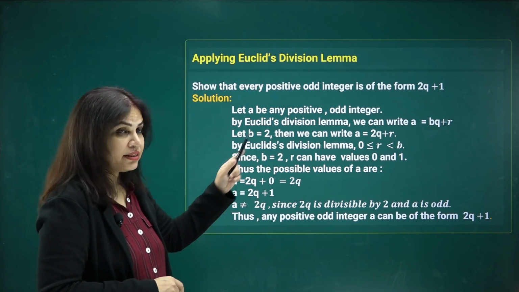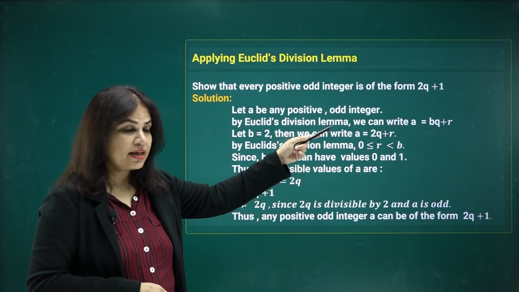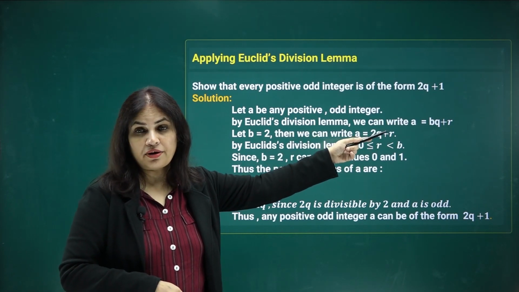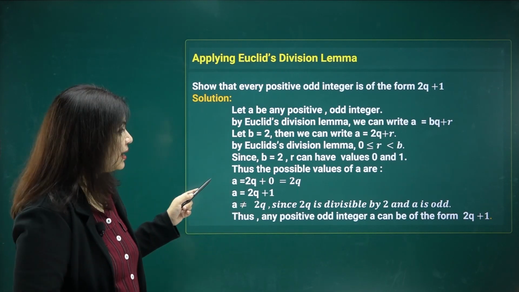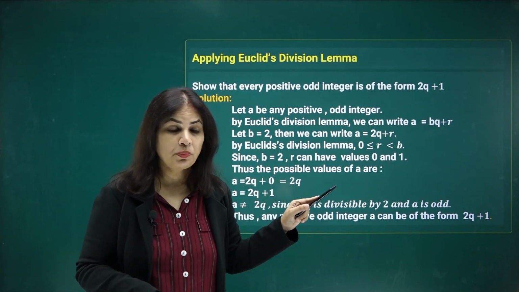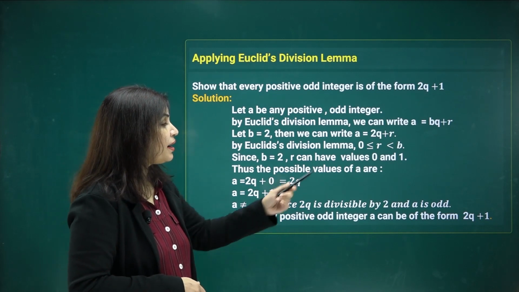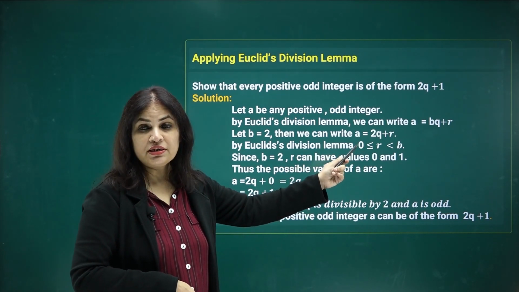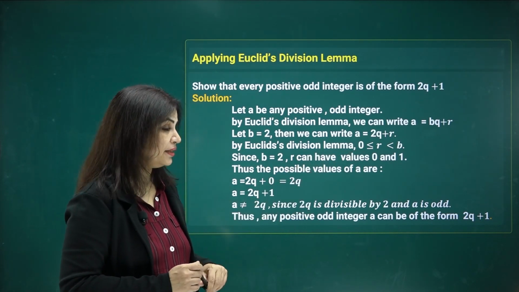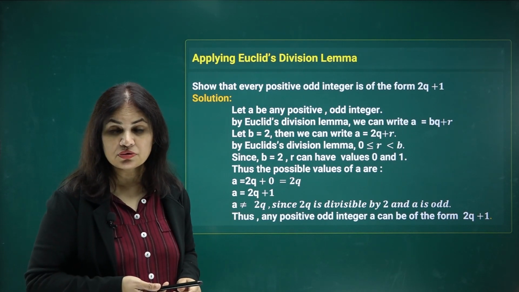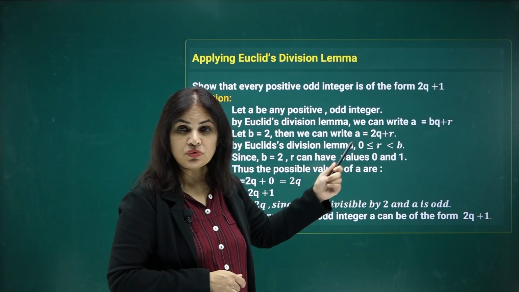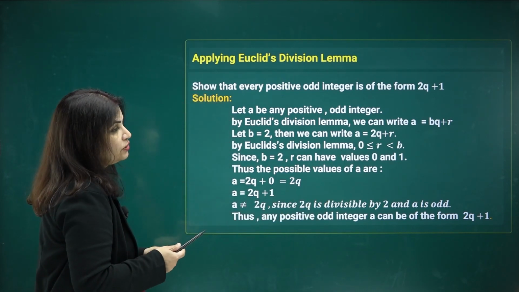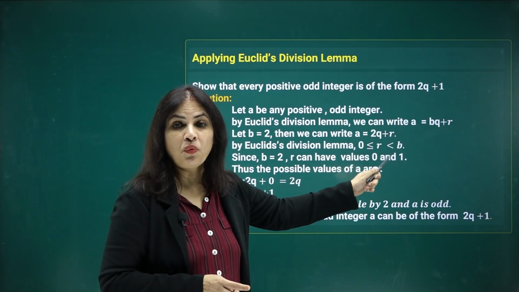So in the given equation A equals BQ plus R, if I put B equal to 2, then A is equal to 2Q plus R, and R always lies between 0 and B. R is greater than or equal to 0 and less than B. So if B is 2, R will take only two values, 0 and 1.